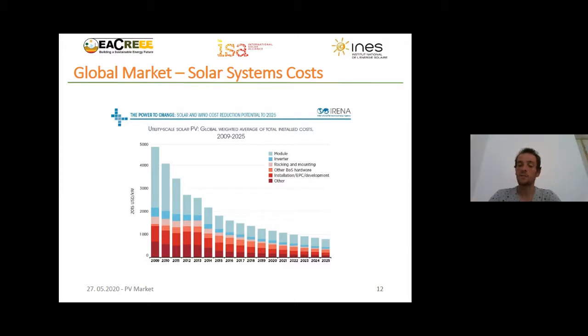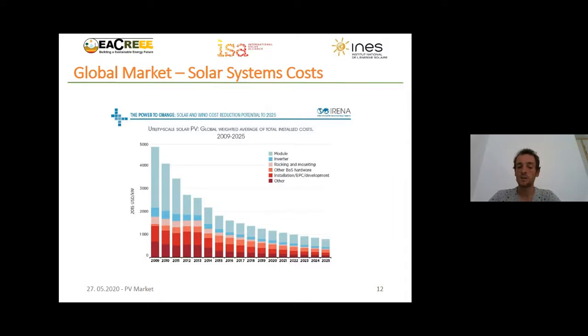And then you have quite a lot of cost also for installation and racking and balance of system hardware, such as cables or other components. So the reduction of costs is not only due to module costs, it is also due to other component reduction.